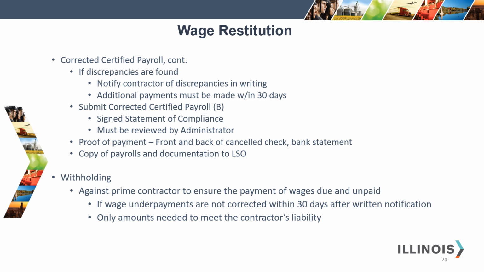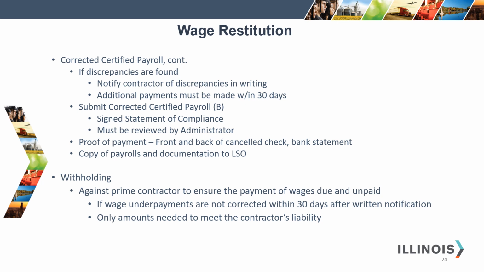This must have the statement of compliance, and you again must fully review the corrected certified payroll against the original payroll, corrected payroll number 2, corrected payroll 2B. You need again to seek proof of payment for the additional payments to be made. And all copies of original, first corrected payroll, and second corrected payroll must be submitted to the Labor Standards Officer.